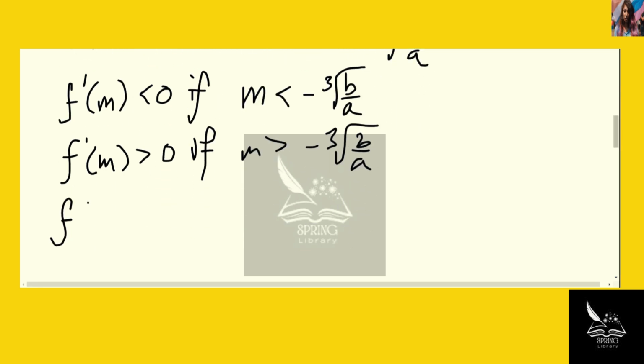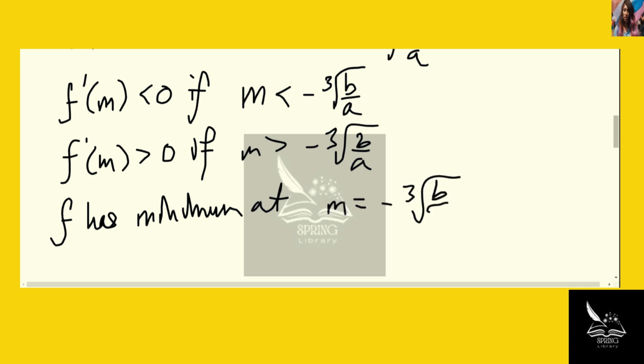Therefore, it follows that f has a minimum at m equals negative cube root of b over a.